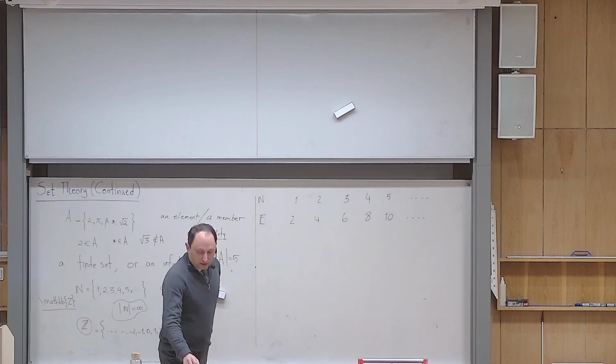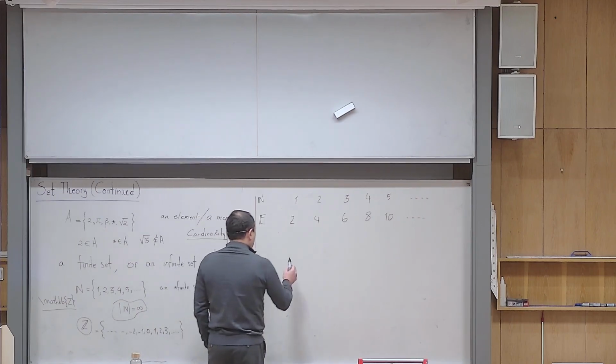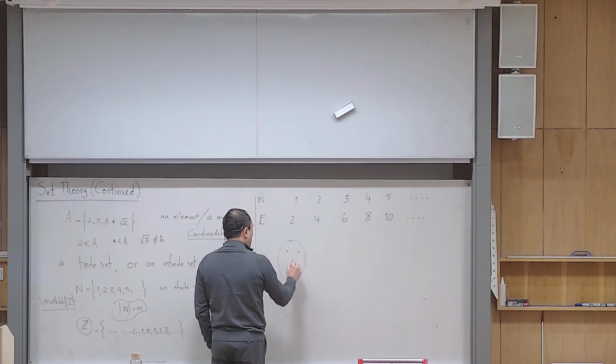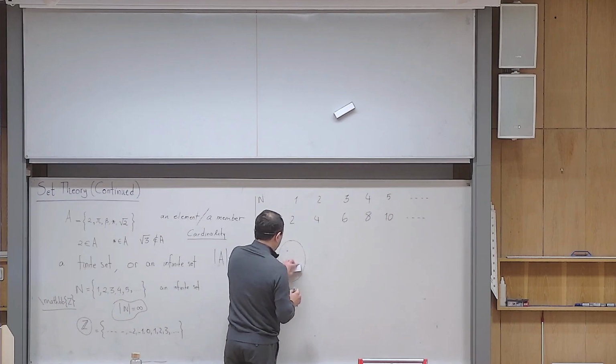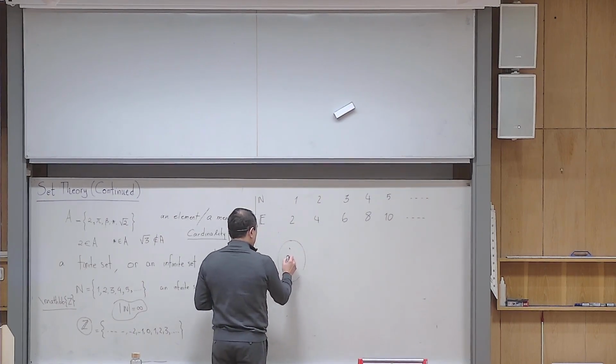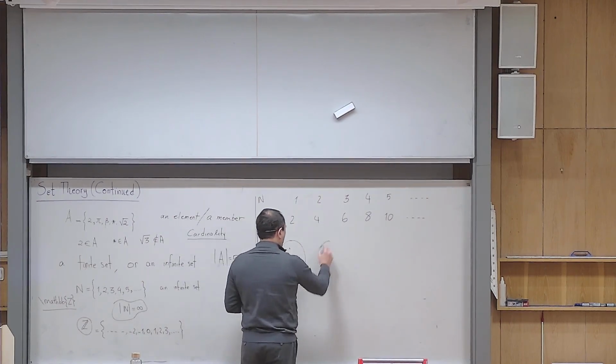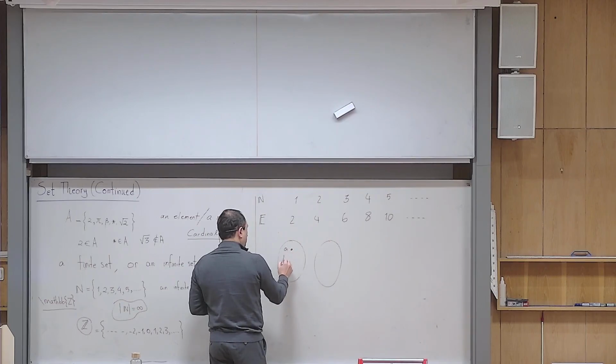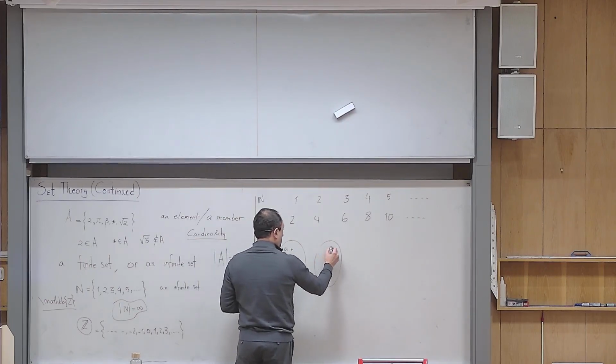Okay, so for example, if I give you a box with some elements here, let me write it a little bit in order. And then I give you another box with some other shapes. Let me try to give them letters here. And then let me just give you some shapes here.